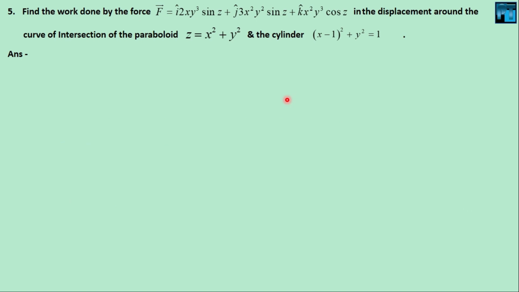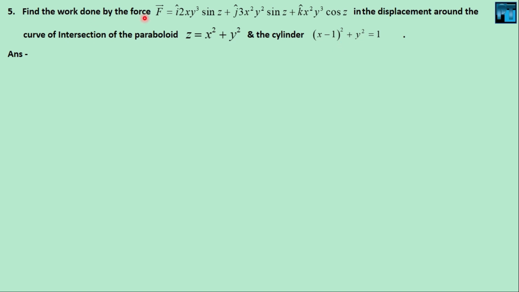Now, find the work done by the force in the displacement around the curve of intersection of the parabola this and this. Now, this is a very interesting question, because actually this question is valid in both the mechanics part and the mathematical part.